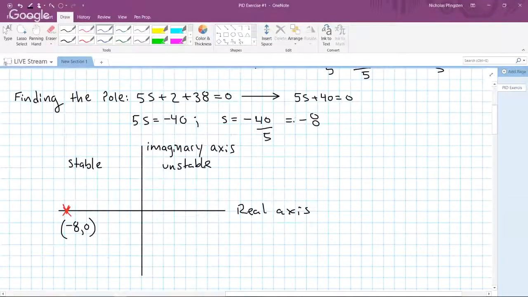And we know that the time constant, well, at least I know, is 1 over sigma, with sigma being the distance away from the origin if it is all on the real axis. In this case, that distance is 8, which means our time constant is simply 1 over 8.